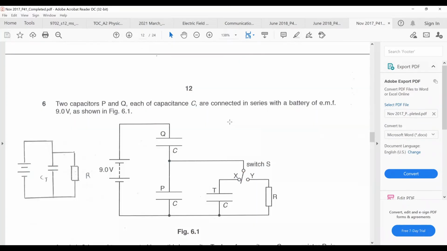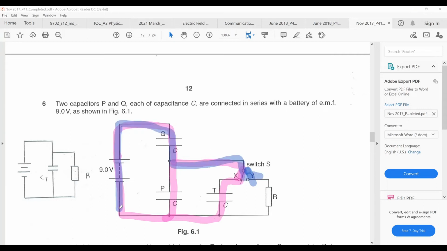So same thing as before, this is a bit similar to that other question that we've done just now. Your switch can be in 2 different positions, either at X or at Y. If it's at X, your circuit would be this one. But on the other hand, if your switch is at Y, your circuit will be this one.